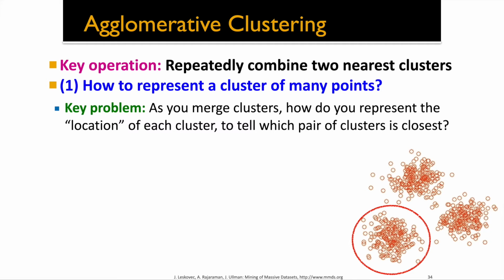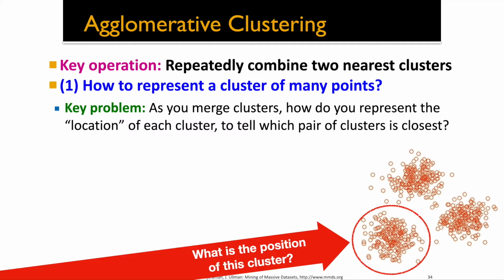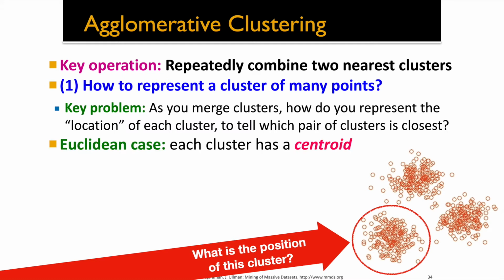And we need that information because we have to evaluate the distance between this cluster and other points, or this cluster and some other cluster. What is the position of this particular cluster? If we go back to your standard kind of geometry where we have some Euclidean space, then what we can do is talk about this cluster having a centroid, which is some central point.